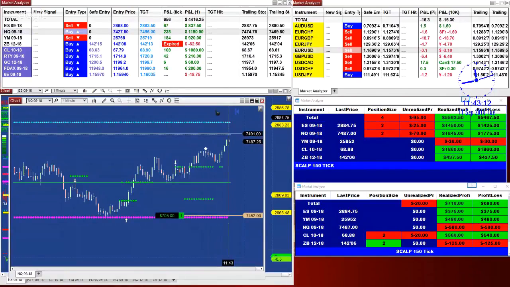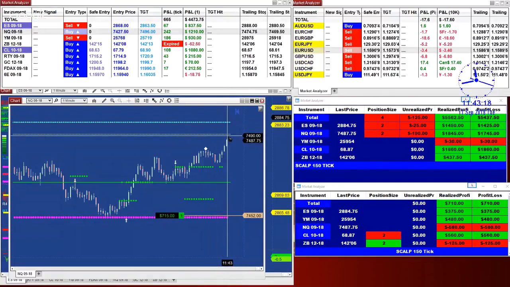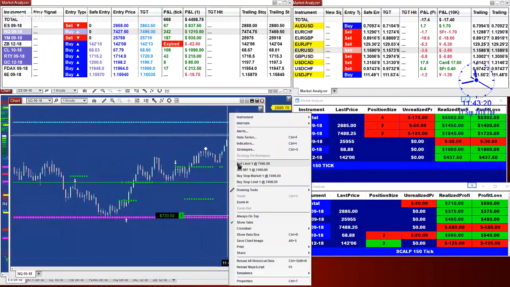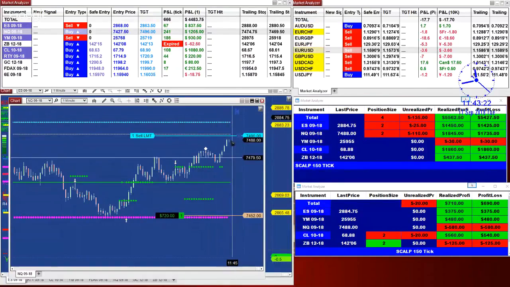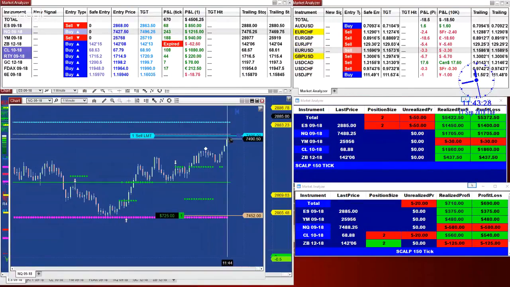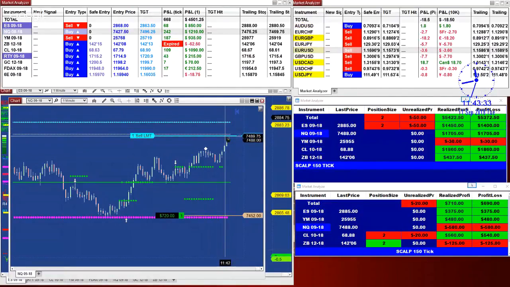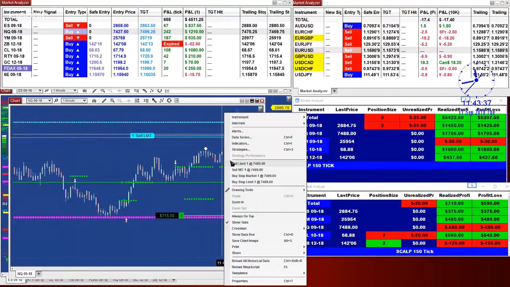Let me see. We have the 96. You can close the position here and close the position one more time, if NinjaTrader will let me. So it's close position, open position.